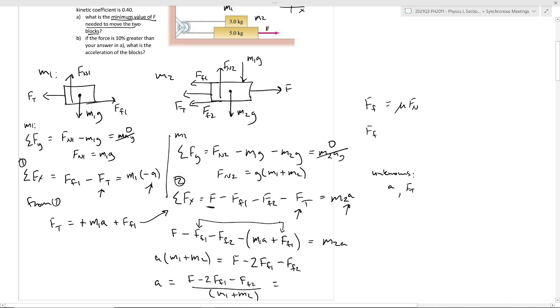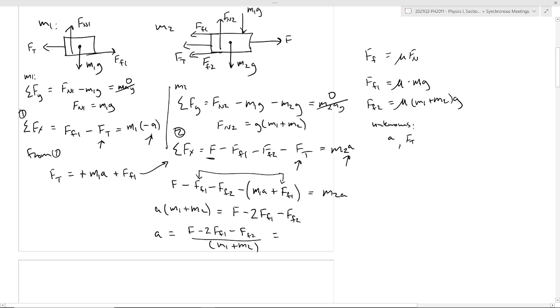So what that means is that FF1 would equal the normal force on 1 times the coefficient of friction, so mu times m1g, and FF2 would equal mu times the normal force on 2, which was m1 plus m2 times g. So we can put those pieces in.